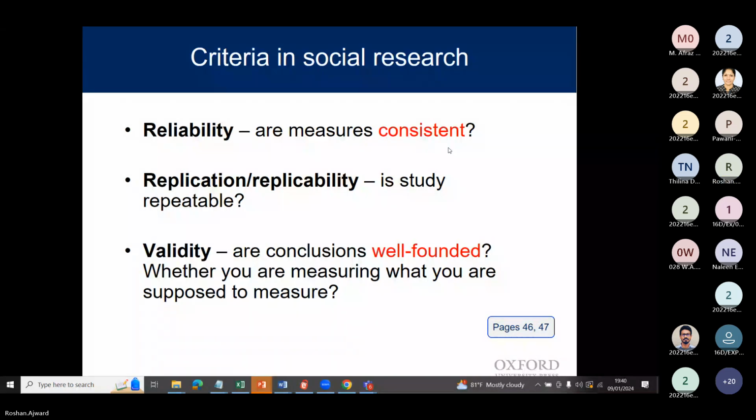Right? So the second criteria is replicability. Replication means whether you can repeat a study.